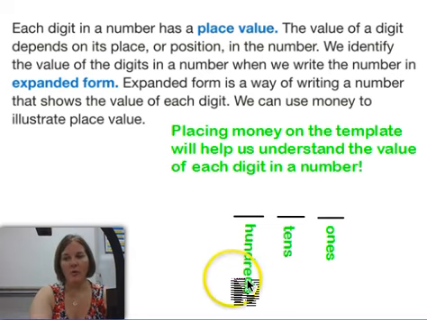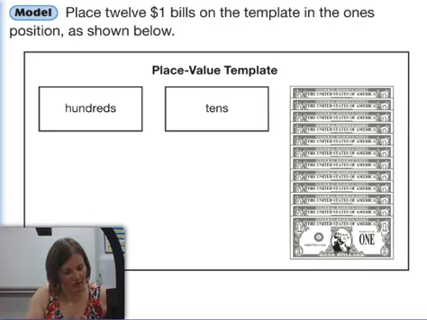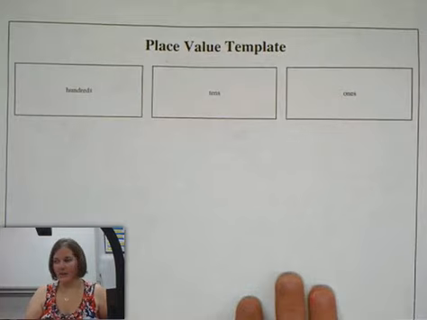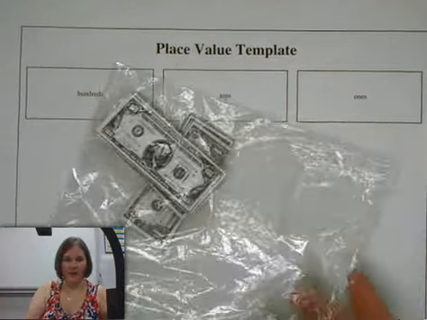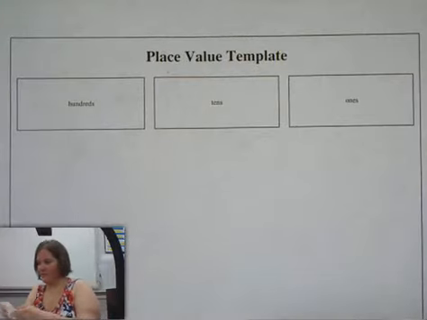And I sent home a template with you and some practice money, some pretend money copies, so that we can practice this. So you have a template that should look like this. And I gave you money copies in a bag, and you need to take those out.